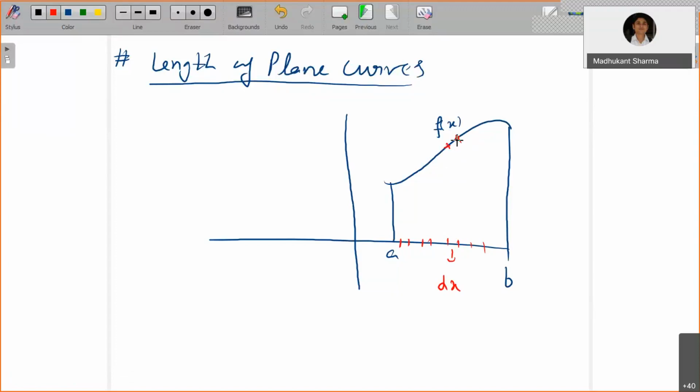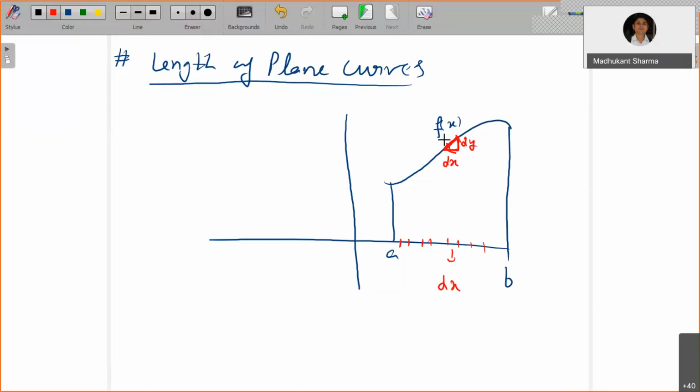Okay, now if you draw, this is going to be a right angle triangle when you draw the parallel to the x-axis and the parallel to the y-axis, and you are considering a very small element, so that this will be a straight line. Okay, so this is a right angle triangle whose base is dx, whose perpendicular is dy.